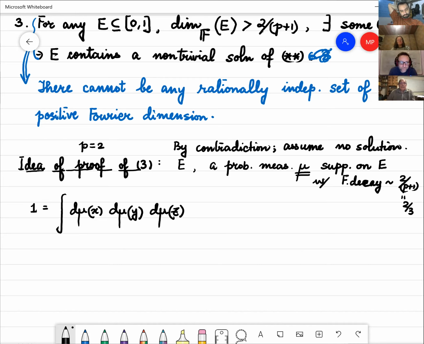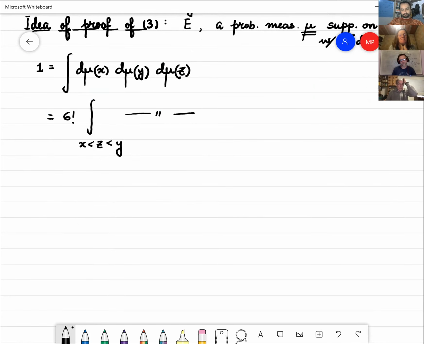All right, so by permutation invariance, I can write it again as the same integral, except this time with a certain ordering, namely that x is less than z and that's less than y. Okay. And at this point, I'm going to make a change of variable. So we are going to replace the variable z by t, and t is going to belong to [0, 1].